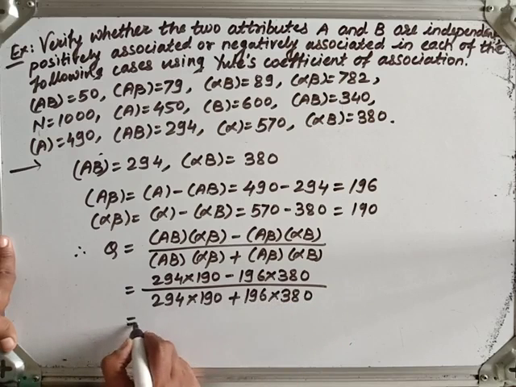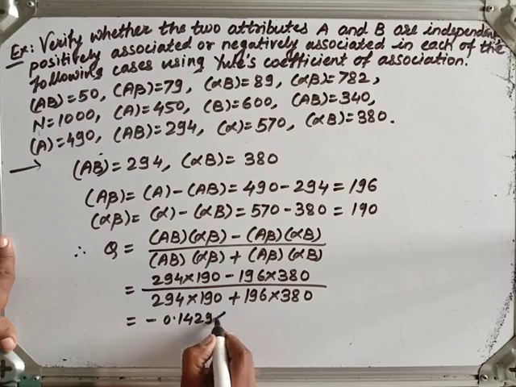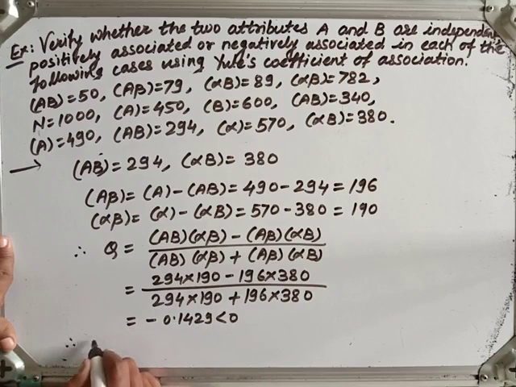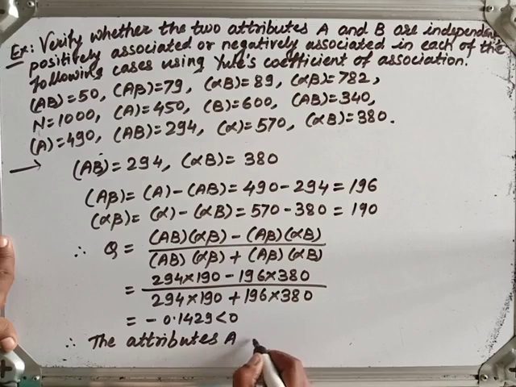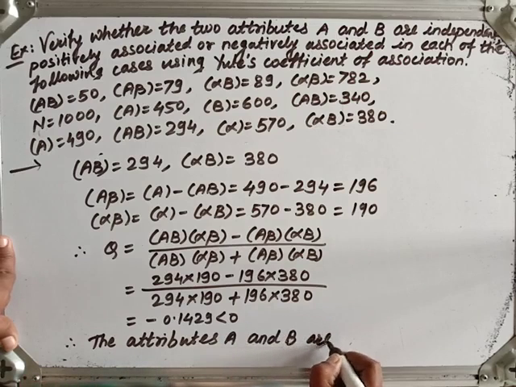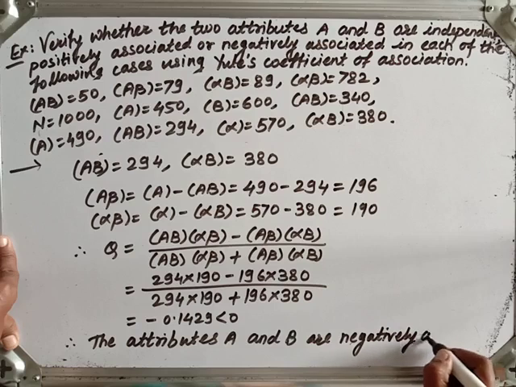So it is minus 0.1429, which is less than 0. Therefore, the attributes A and B are negatively associated.